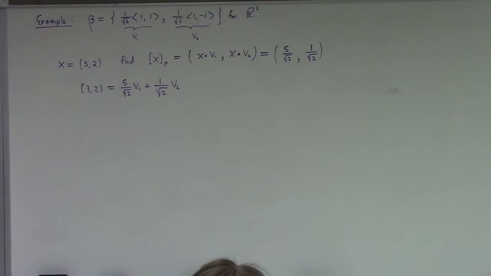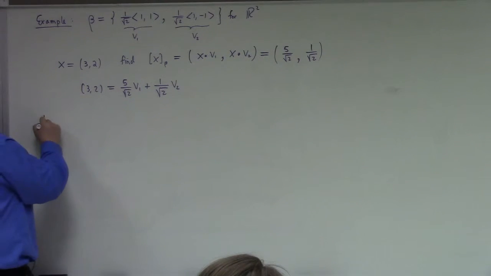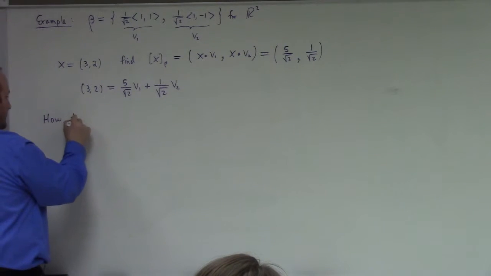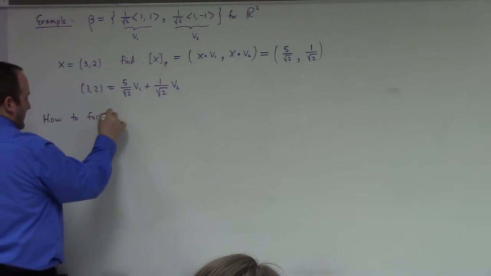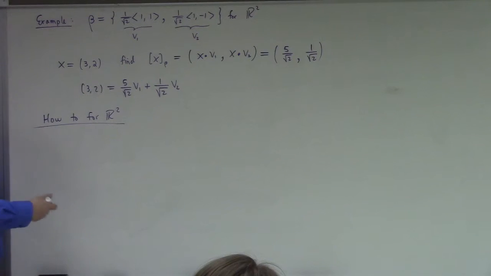Now, there's a question you should ask, though. Well, that's great. You just pulled an orthonormal basis from the clear blue sky. How did you find an orthonormal basis for R2? For R2, it's pretty simple, actually. How to construct an orthonormal basis for R2. All right, you guys give me a vector. Audience, any vector you want, except for 0.